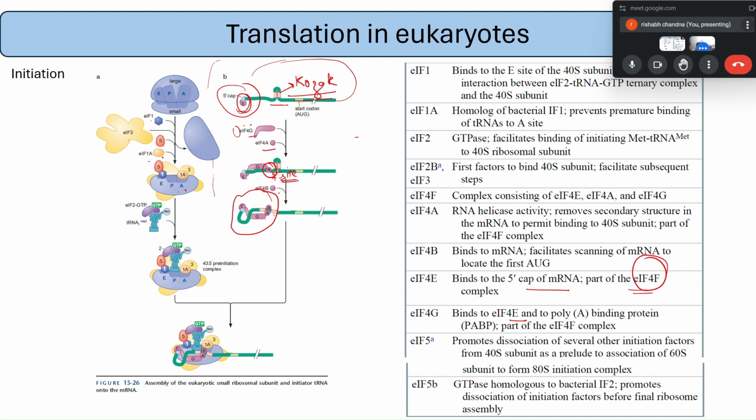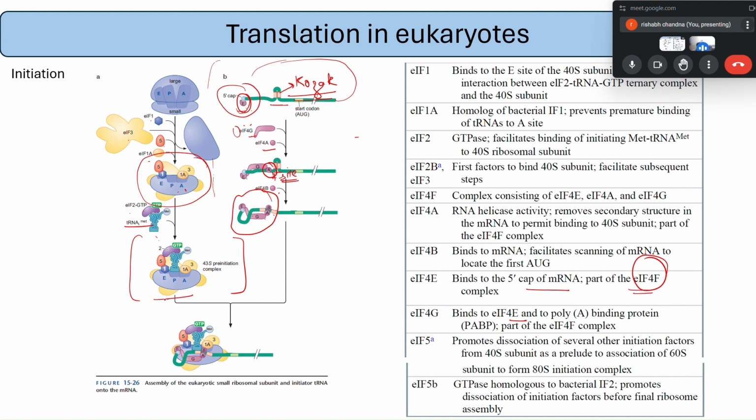Then this is the protein complex, followed by the EIF2 GTP, which helps in the binding of the aminoacyl tRNA. Okay, so like we have the IF2. So here EIF2 helps in the binding of the aminoacyl tRNA to the 43S initiation complex.